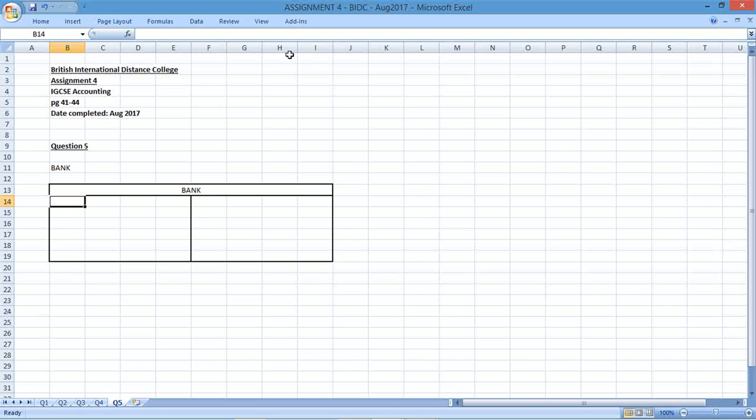And bank will have a balance to start with because this is the general ledger. So at the beginning they said at 30 April Charles's cash book showed a debit balance, so that's his cash book of 8224 in his bank account. So I need to show a debit here of 8224, balance.